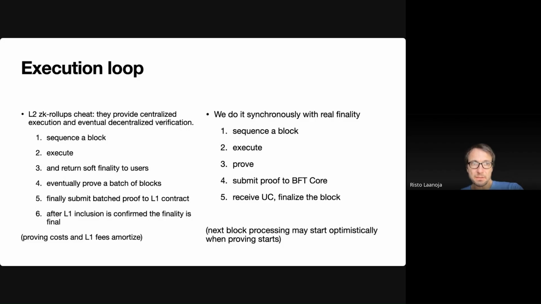But we do the execution loop differently. And the main reason why we do it is that layer 1, the BFT core, is fully under our control, and we don't have to do everything possible to optimize the size of a proof.